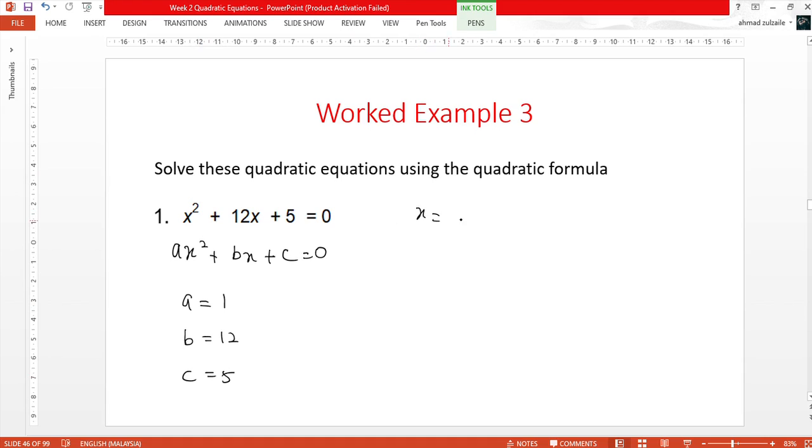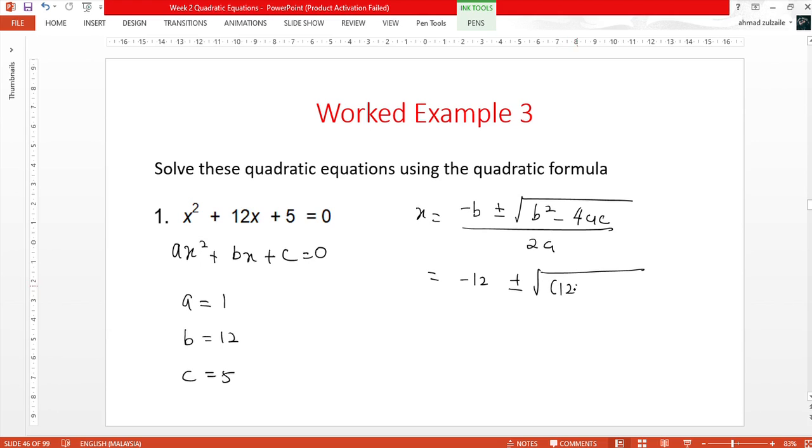So x equal to negative b plus minus square root of b squared minus 4ac over 2a. So negative b will be negative 12 plus minus square root of 12 squared minus 4, your a is 1, your c is 5, over 2a, your a is 1.